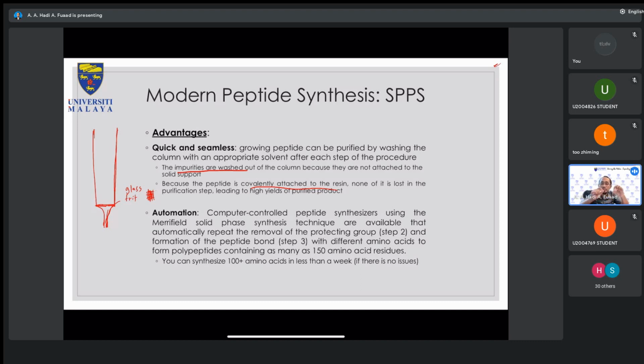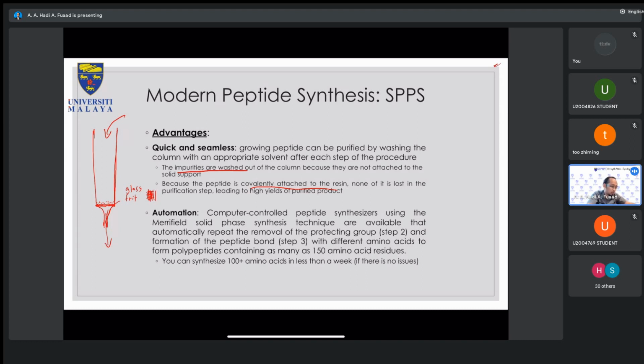However, your solid support, because it's rather large, about 1 millimeter, but still large enough compared to a solvent molecule, okay? So what will happen is you put your resin over there, and any solvent that you pour in from the top will be eluted at the bottom of the syringe very, very quickly, okay?